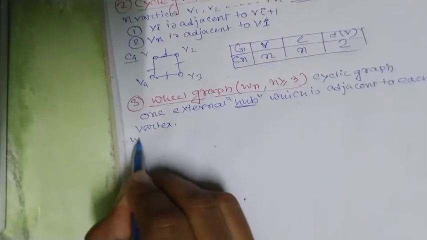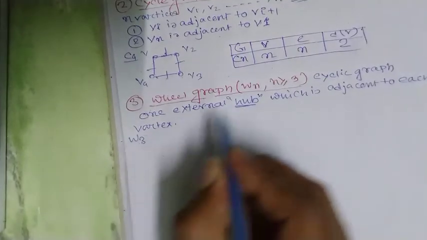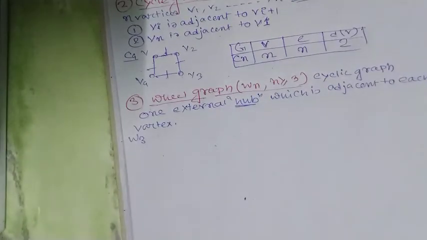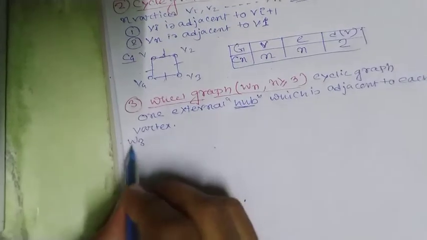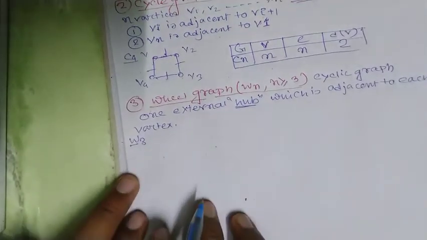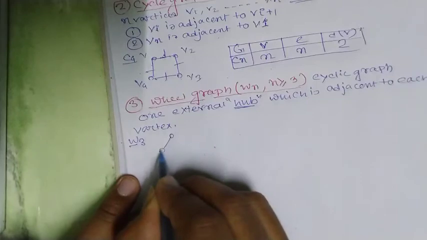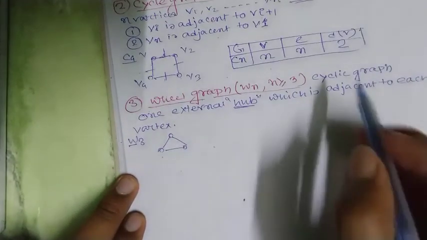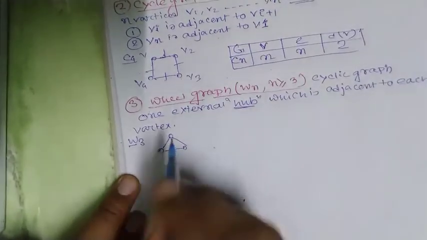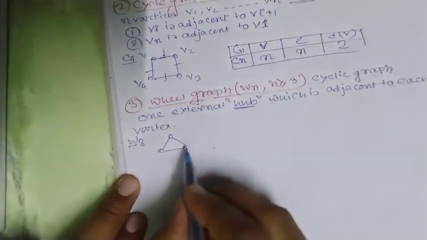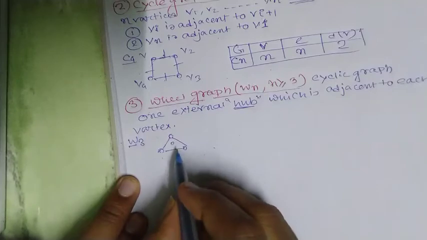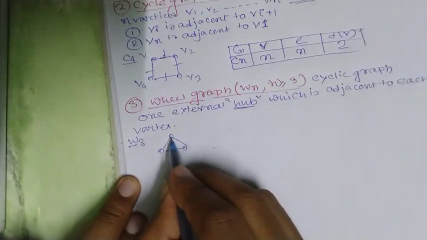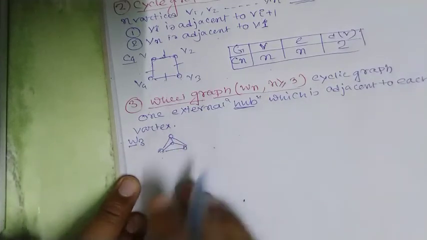This is represented as Wn. Let's see some examples first. W3: this is C3, the cyclic graph that we have said, plus one external node or hub, which is adjacent to every vertex, like this.